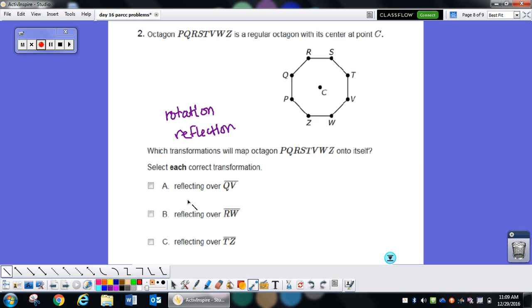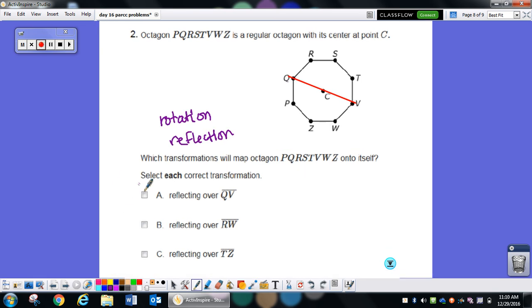So if you reflect over QV, I would make a QV line. And then I would just kind of match my points up. Does that look like W to T, everything matches up? It should. So check. All right, and then moving over RW.